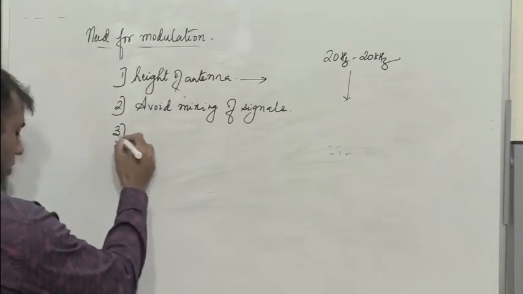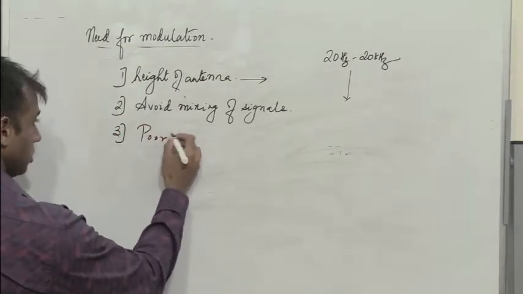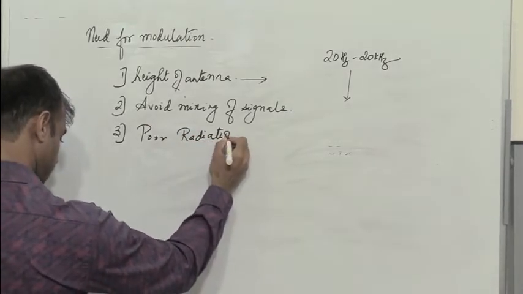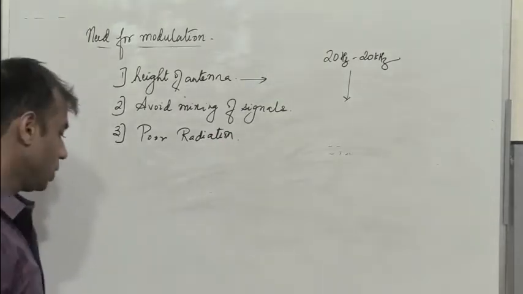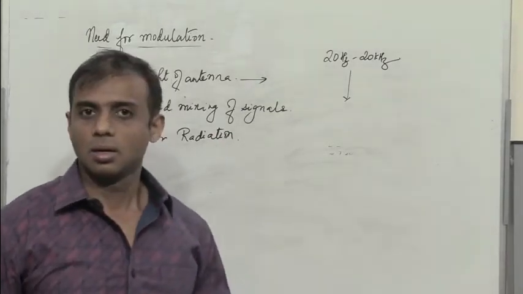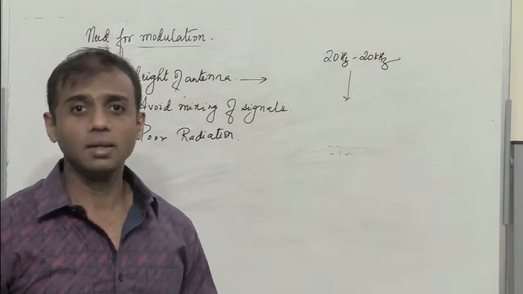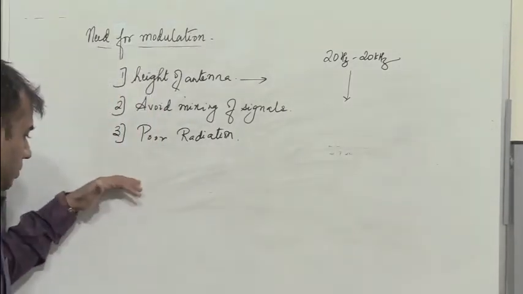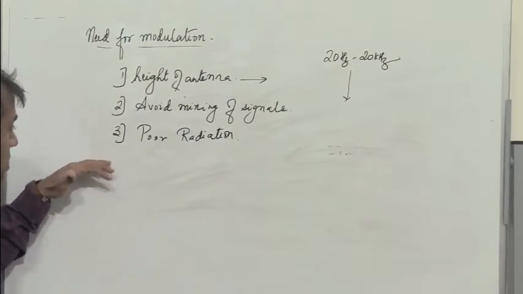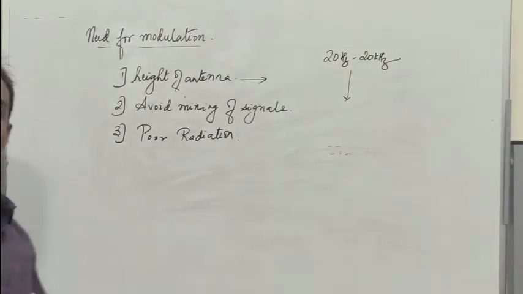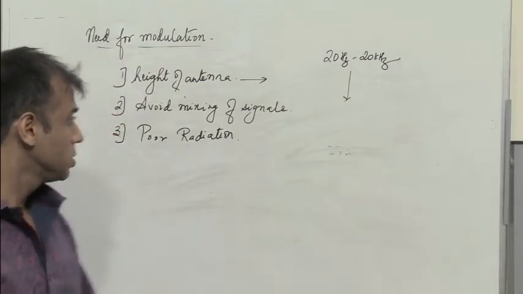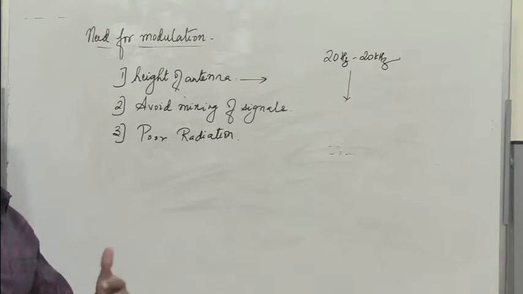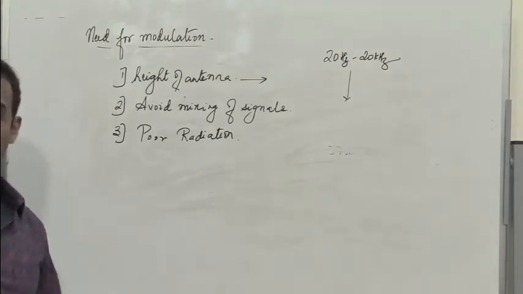The third important advantage is poor radiation. Low frequency signals have low energy and they cannot travel long distances, right? They get attenuated, and hence these baseband signals cannot be used for long distance communication. Therefore we use a high frequency carrier which can be used for longer distance communication.